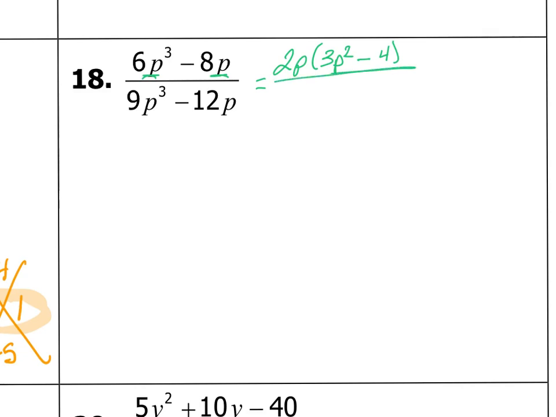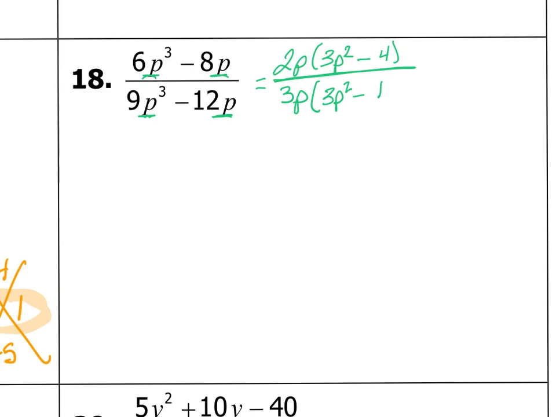And then we have my bottom. Well, what goes into 9 and 12? Pretty sure that's 3. And again, I have a p in both terms, so I'm going to factor out a 3p. 3p times what gives me 9p cubed? That should probably be 3p squared. And 3p times what gives me -12p?